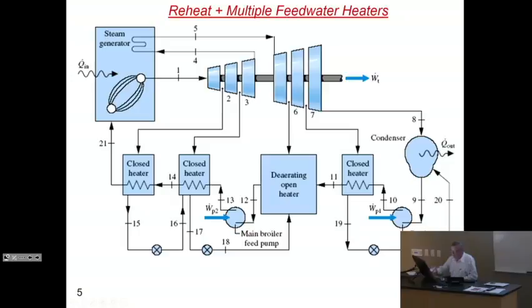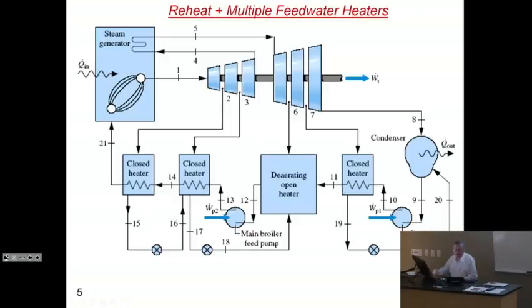For example, you can send it back in a second closed feed water heater here, or you can mix it with 3, and then adjust the pressure again to put it in the open feed water heater. Once you have an open feed water heater, there's nothing else you can do but send that water back into the main stream. The closed feed water heaters, you can feed into each other, or eventually you can feed them into an open feed water heater.